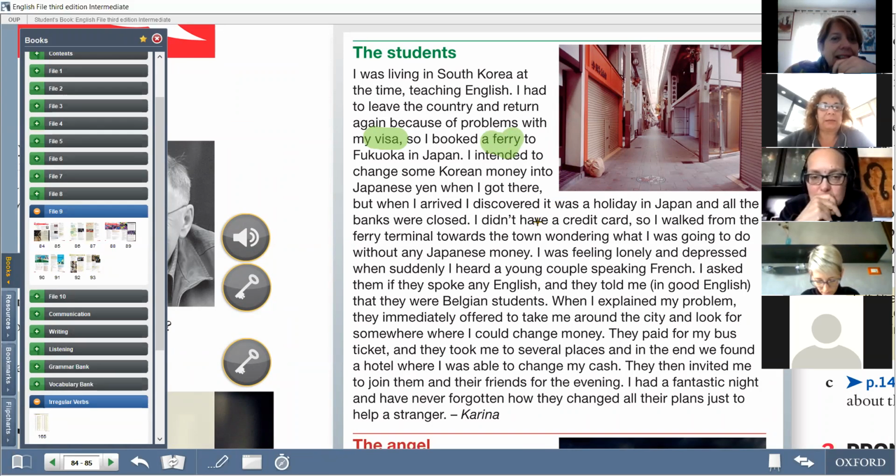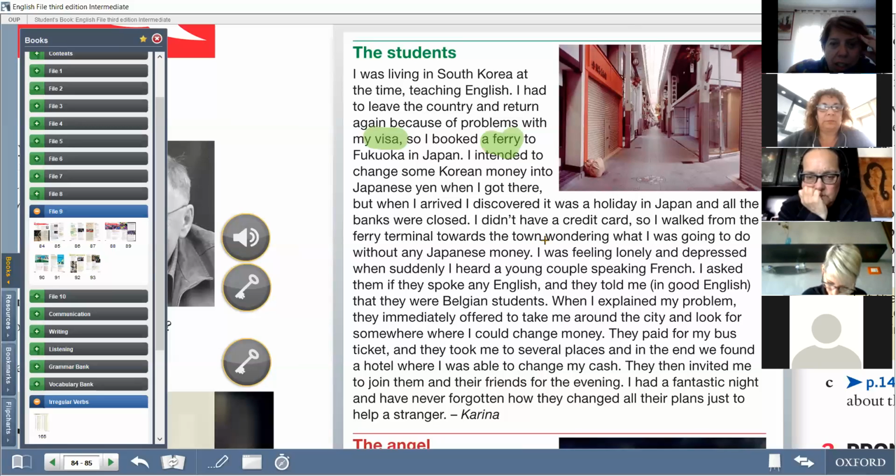I intended to change some Korean money into Japanese yen. Of course, this is the currency. When I arrived, I discovered it was a holiday in Japan, and all the banks were closed.